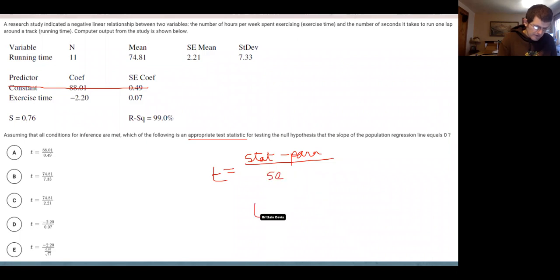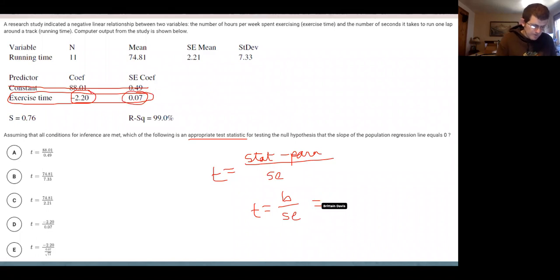So in our case, it's going to be b over the standard error. And those are given right here. So this is actually a very simple problem. Our slope is negative 2.20. Our standard error is 0.07. And that's our answer.